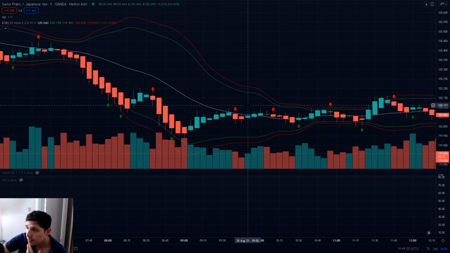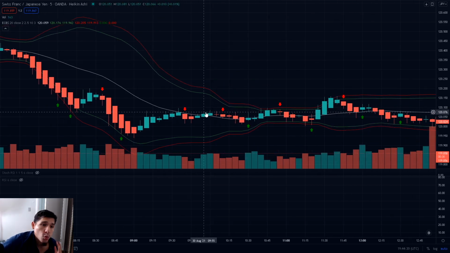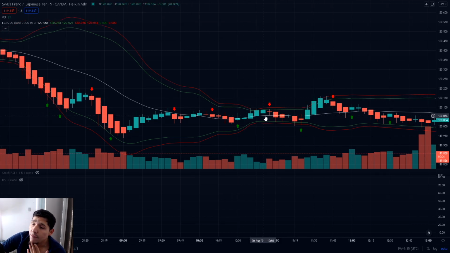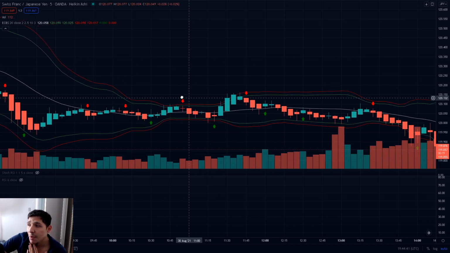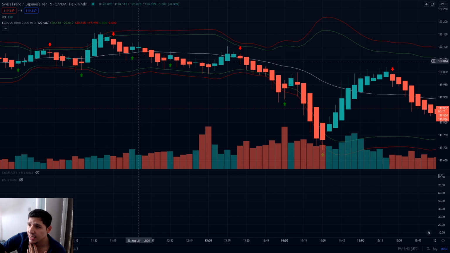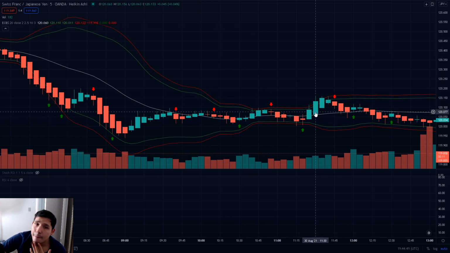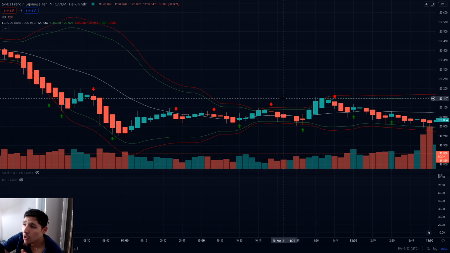What you don't want to do and what you want to look out for is when the 2 lines are very slim. As you guys can see right here, that means it's consolidating. So eventually, that means over time, it will go for a buy or a sell. As you guys can see later on, it went for a sell. So if it looks like this, be careful. Do not go in for a trade, because it is very risky.